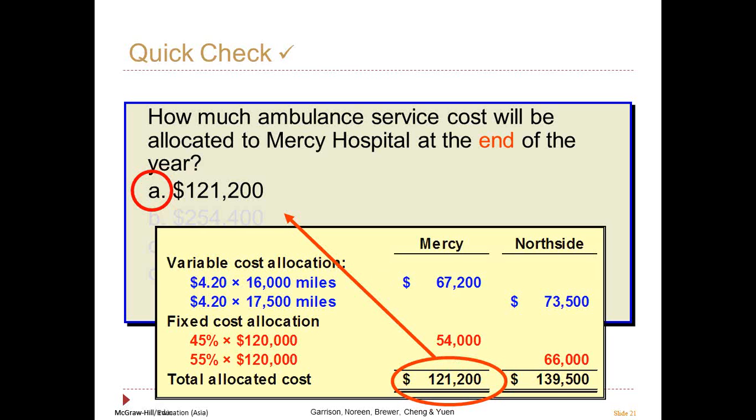Fixed service department costs are allocated to the hospitals by multiplying the percent of peak period capacity required by each hospital times the $120,000 of budgeted fixed costs. So the total cost allocated to Mercy Hospital at the end of the year is $121,200.